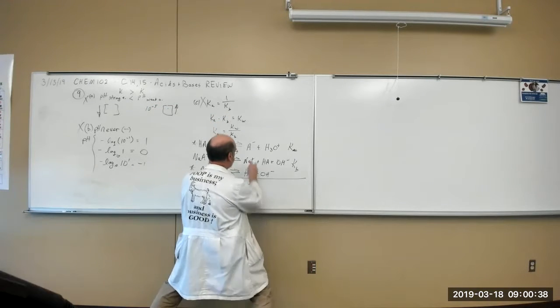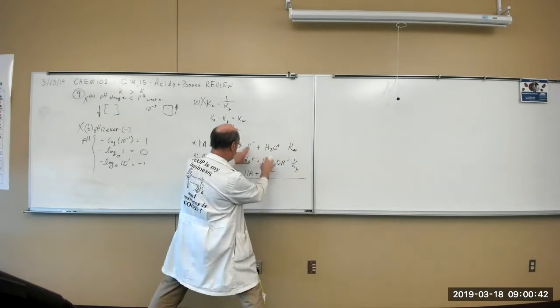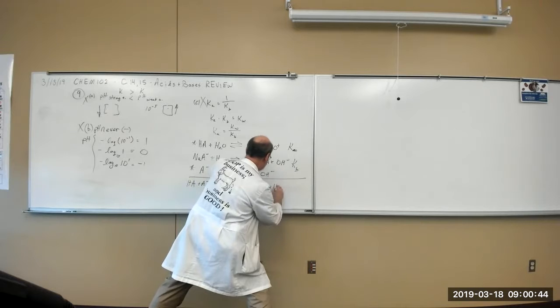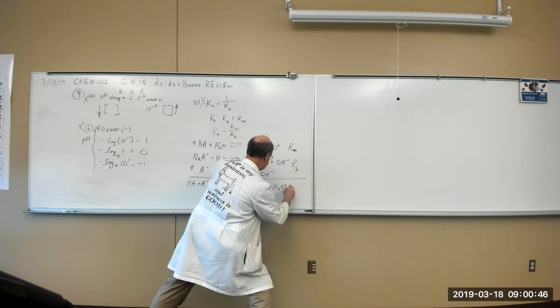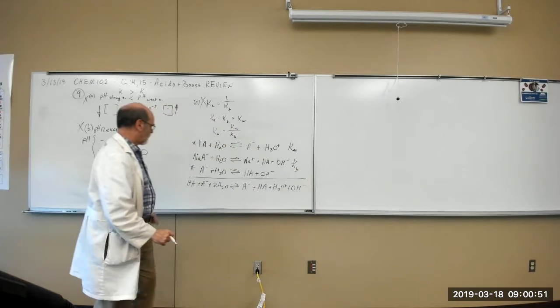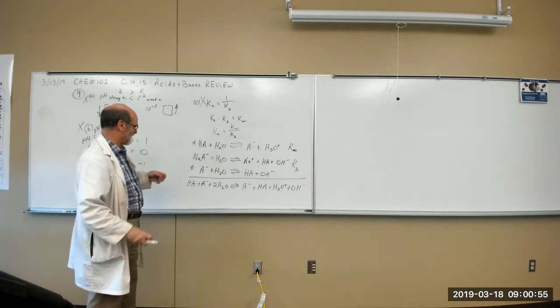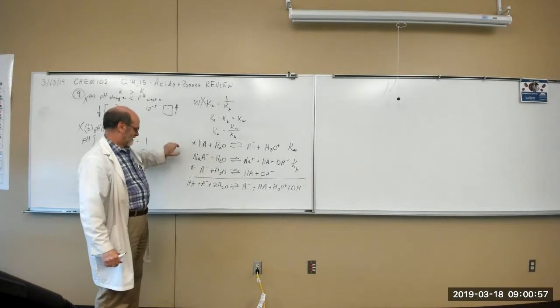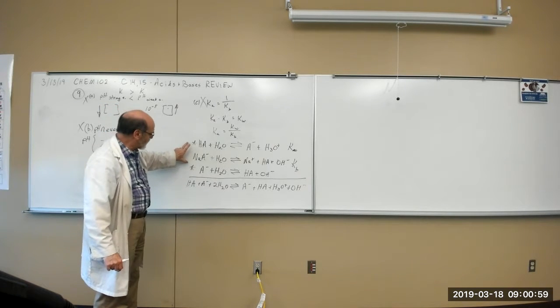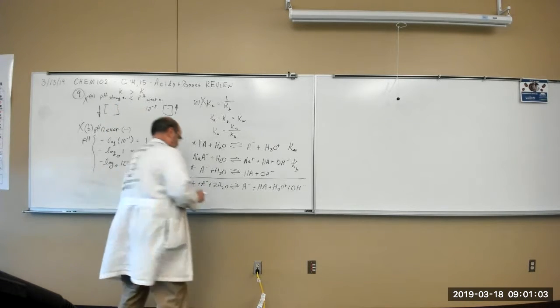Okay, then we have A minus here, plus HA, and then we have H3O plus OH minus. Toothache is finite. Chemistry is not so much. Chemistry is forever. So when we add these two together, we get this, and then we simplify it, of course.